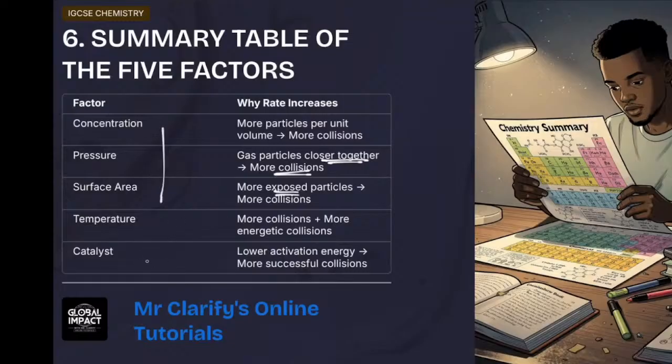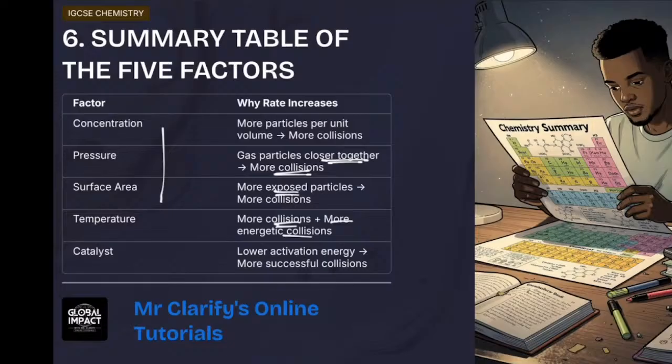Now you go to catalyst and temperature. This is more collisions plus more energetic collisions. When you increase the temperature, particles gain kinetic energy and they begin to move faster and collide more frequently and with greater energy. Once you say such things, you are getting your marks now.